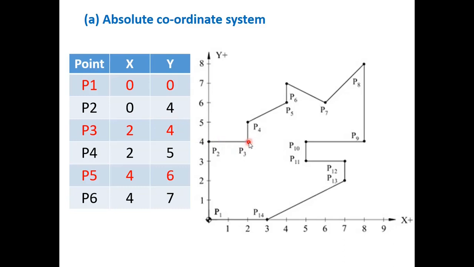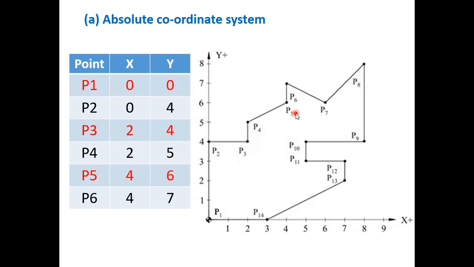Now let's go to the third point. If you see point 3, it is 2 units in x-axis and 4 units in y-axis. So 2 comma 4. If I go to the fourth point, you can see 5 units in y-axis and 2 units in x-axis.